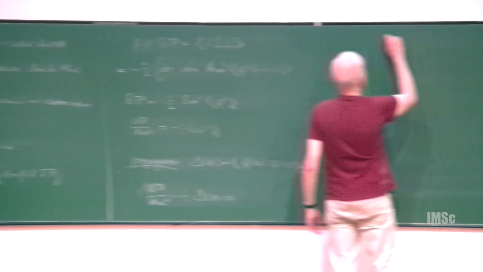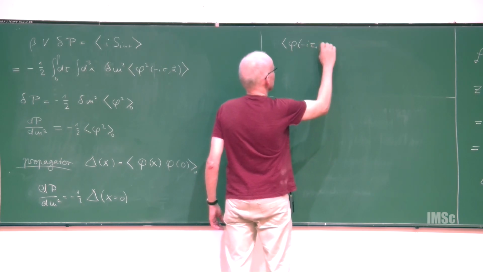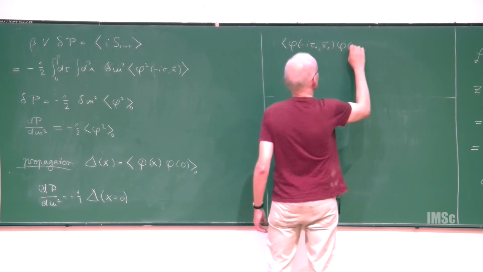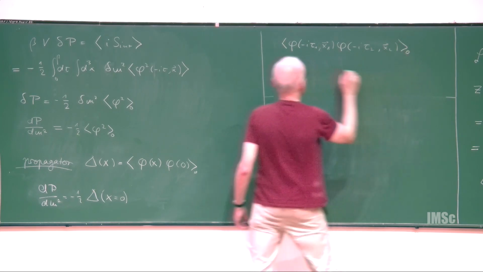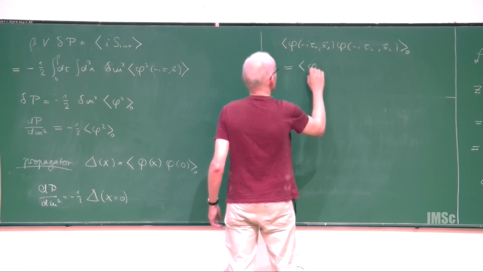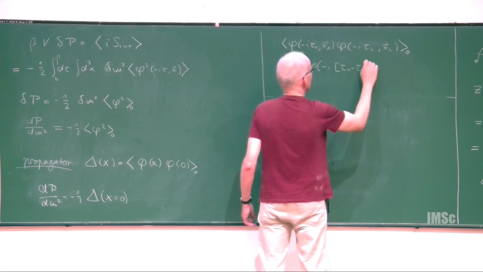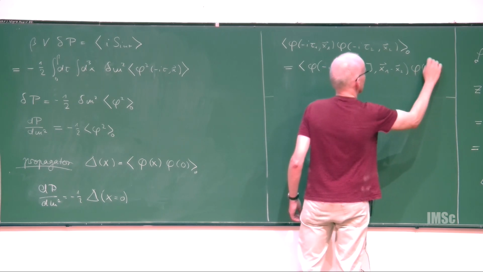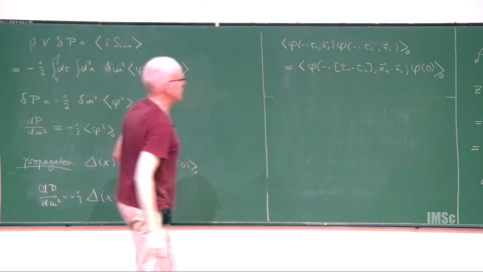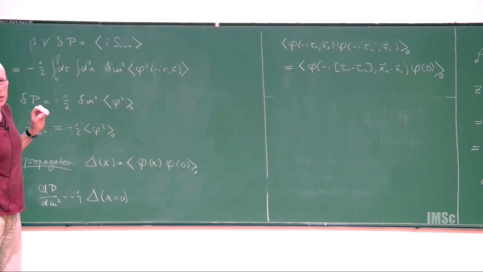It means that if you have phi of minus i tau 1, x1, phi, it's the same as the shifted one. That's what it means.